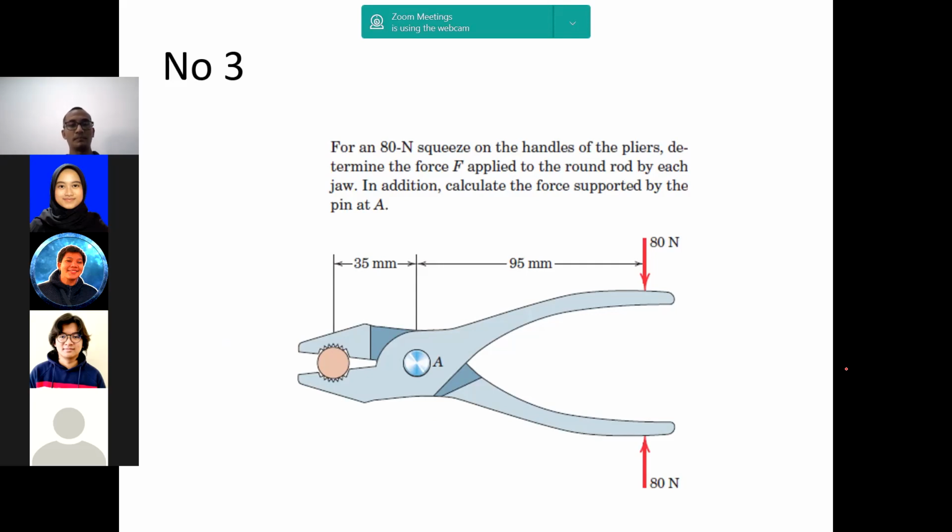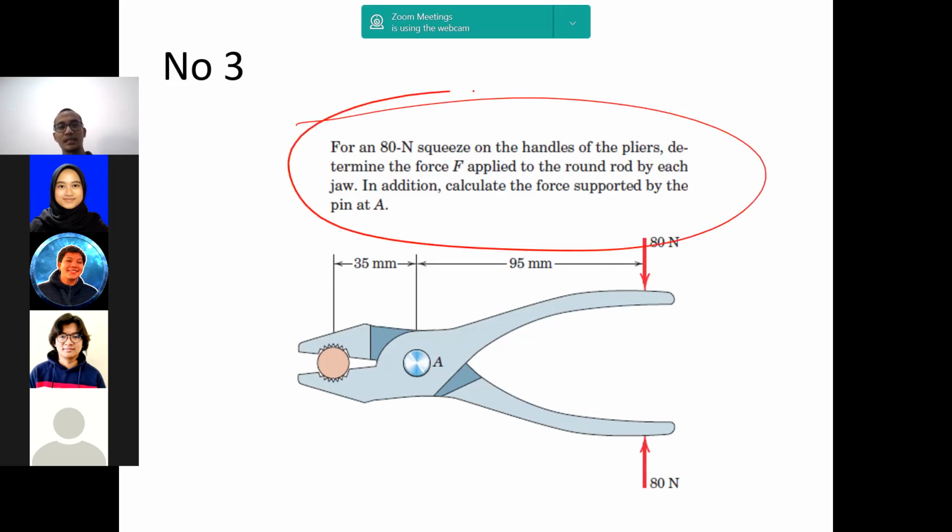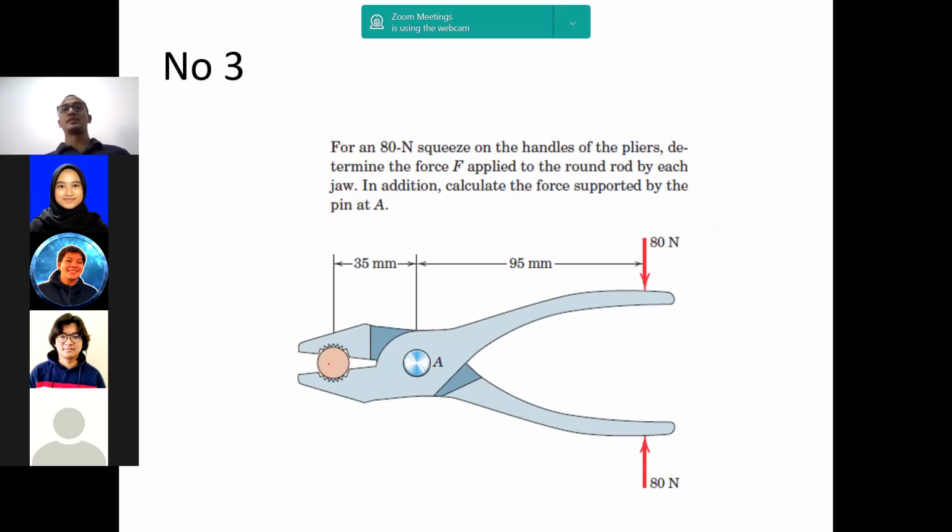But I will just discuss it for a bit. Basically, the question in number 3 is: if we give 80 Newton squeeze force at the handle of the pliers, what is the force applied to the round rod here? You can either solve the upper part or the lower part of the pliers.